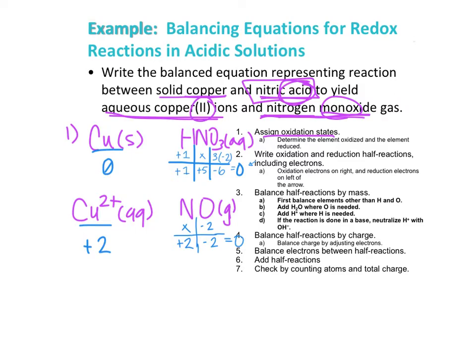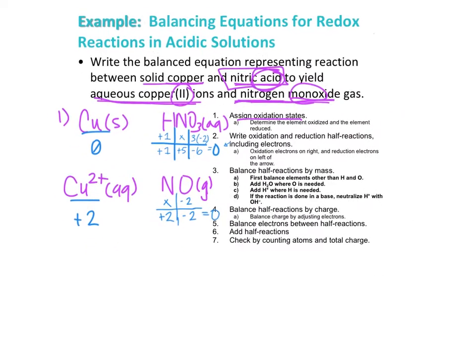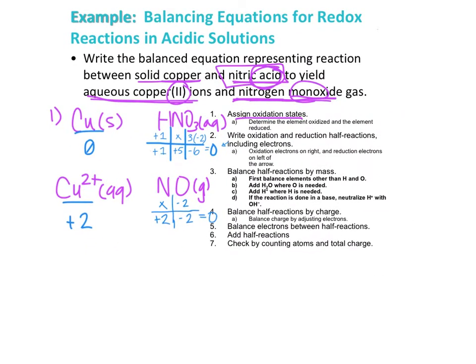Okay, so now we can set up and determine what got oxidized and what got reduced. That was the whole point of assigning oxidation numbers. So we have copper solid going to copper ion aqueous. It's starting off with an oxidation number of 0 and going to +2.